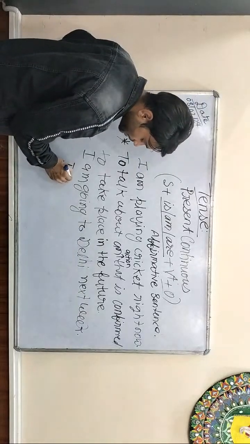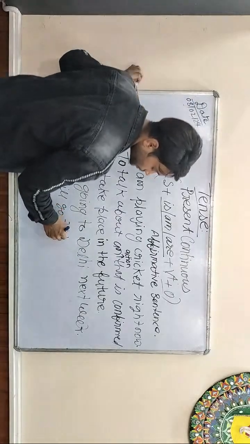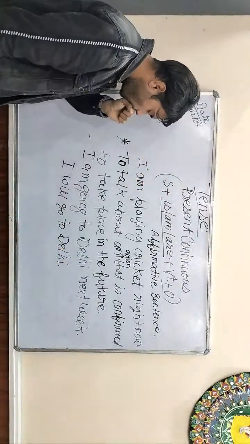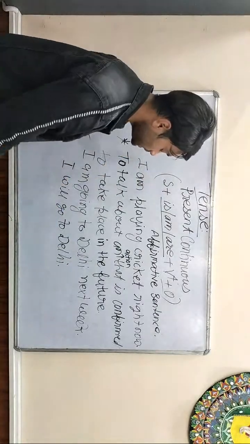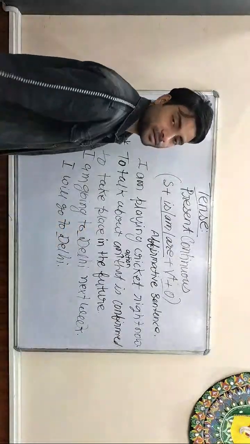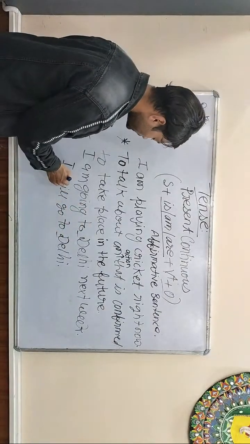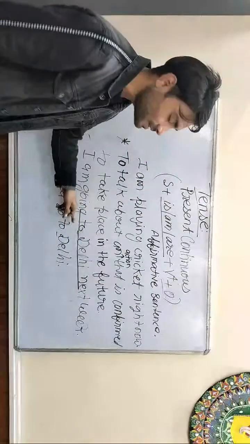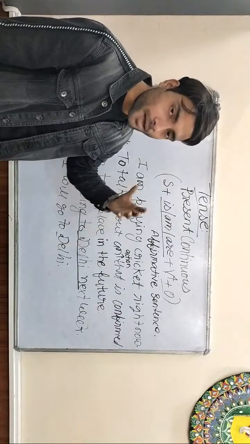If you say I will go to Delhi, what difference do you see in these two sentences? The difference is, the first one is something fixed, it is going to happen.